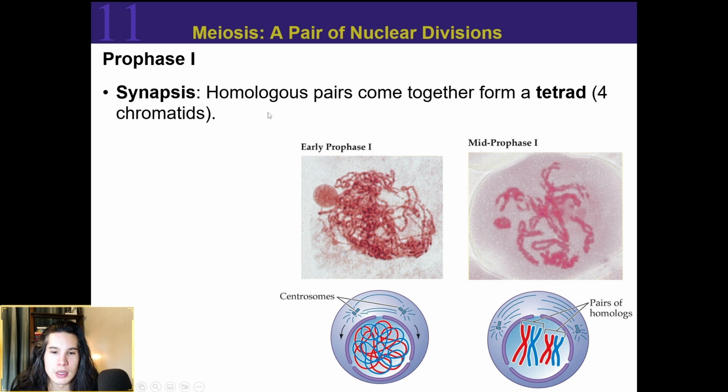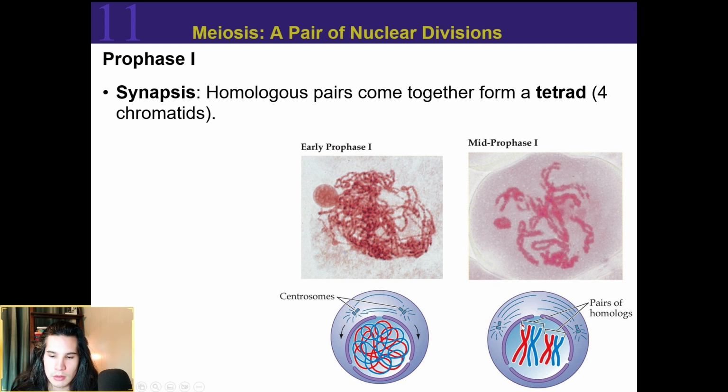Synapsis is the coming together of all of your homologous pairs. Remember, we are starting off with a diploid cell, meaning you have two of every chromosome number. So during synapsis, all of your chromosomes of the same number move into proximity of one another, and your homologous pairs come together.